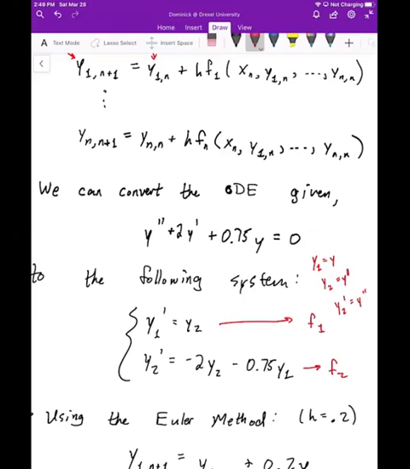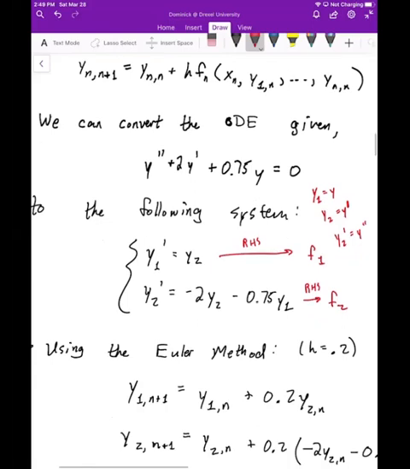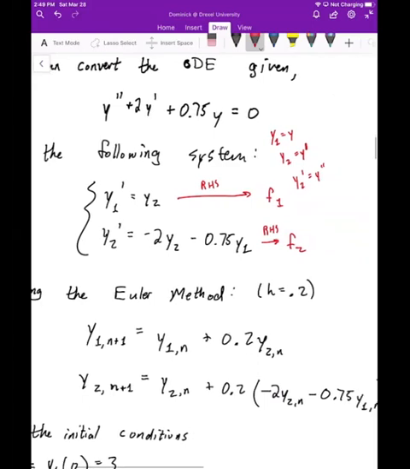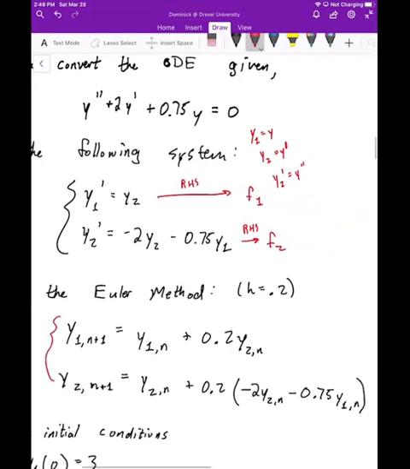Now we're also going to consider the right-hand sides of each of these functions as f1 and f2. If we apply this to the Euler method with h equaling 0.2, we arrive at the following recurrence relation for each of our two ODEs.